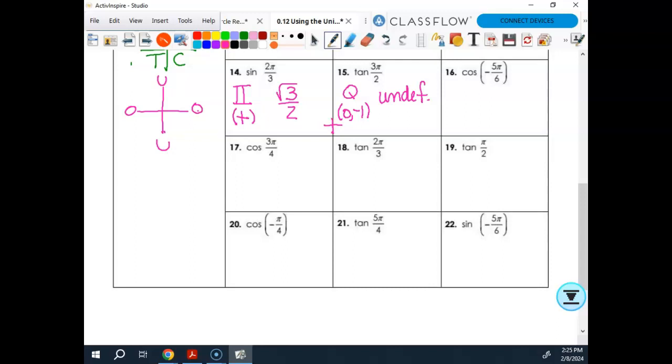Okie dokie. Mariana, cosine of negative 5 pi 6. What quadrant is negative 5 pi 6 then? The third. And in the third quadrant, is cosine positive or negative? Negative, good. So it's a negative something. What's cosine of pi 6?